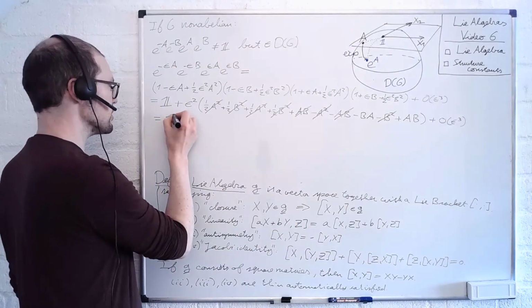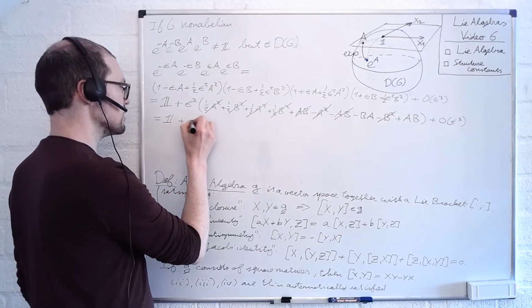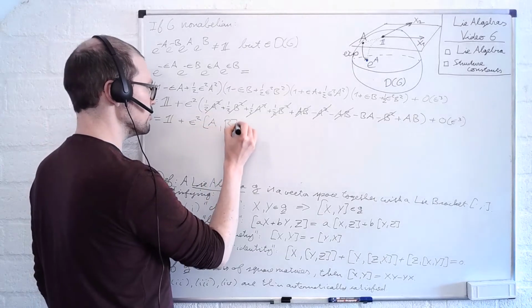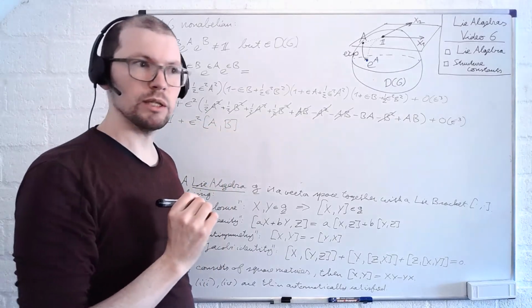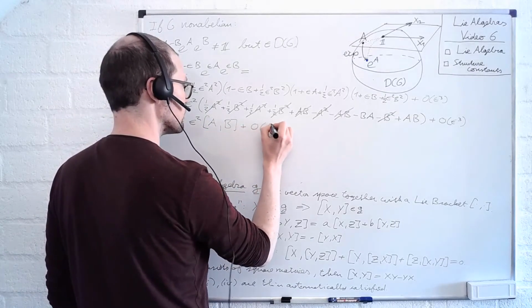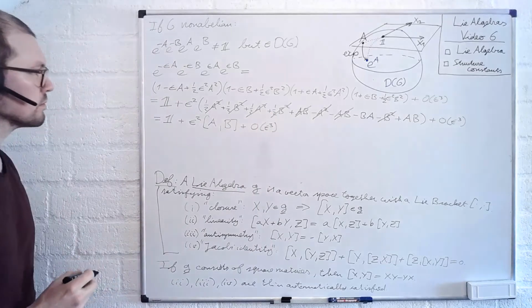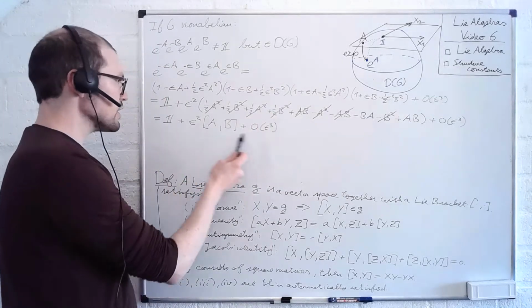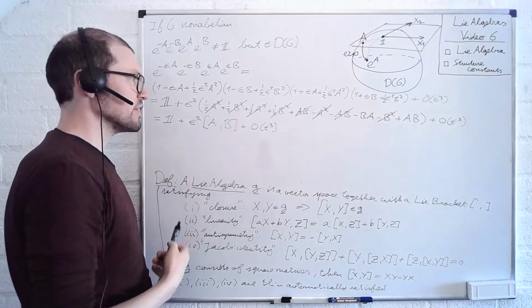So to summarize, I have the identity plus the first contribution, which is the commutator of a and b at order epsilon squared. But really this is like the definition of the generators.